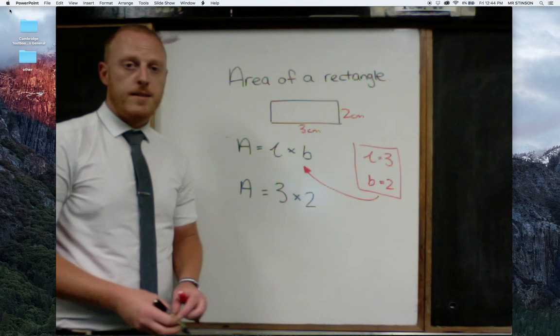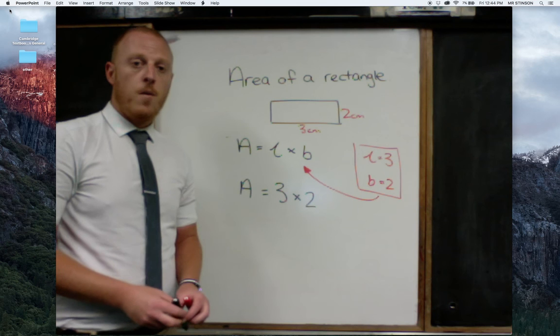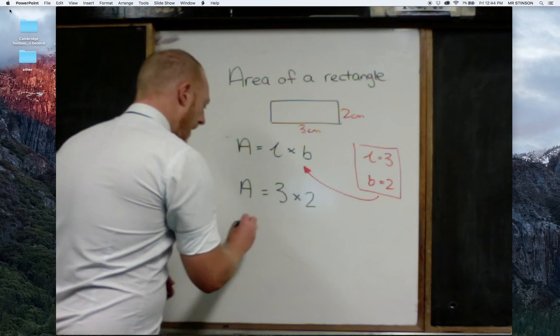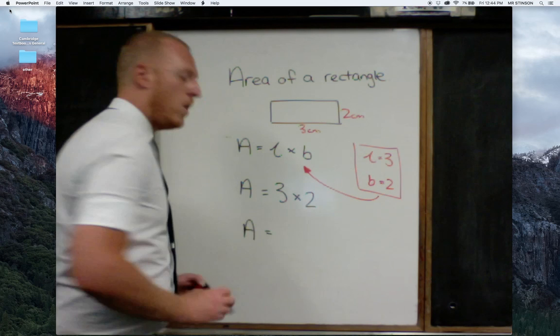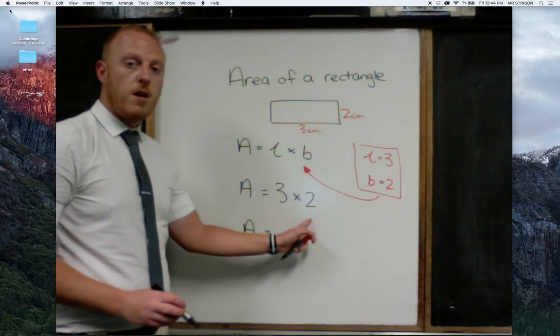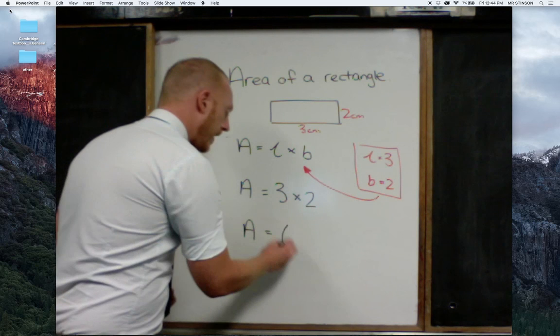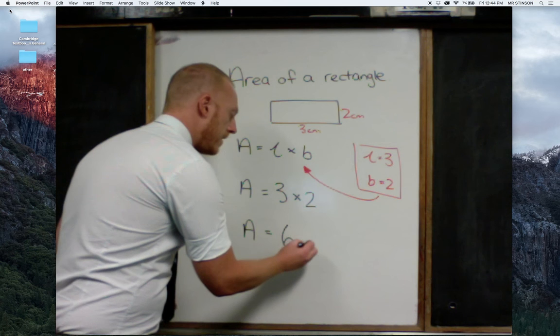Now we're on to our last step. We now need to calculate our answer. Underneath, we will solve 3 times 2. Do it on your calculator if you need to, but you will find you get an answer of 6 centimeters squared.